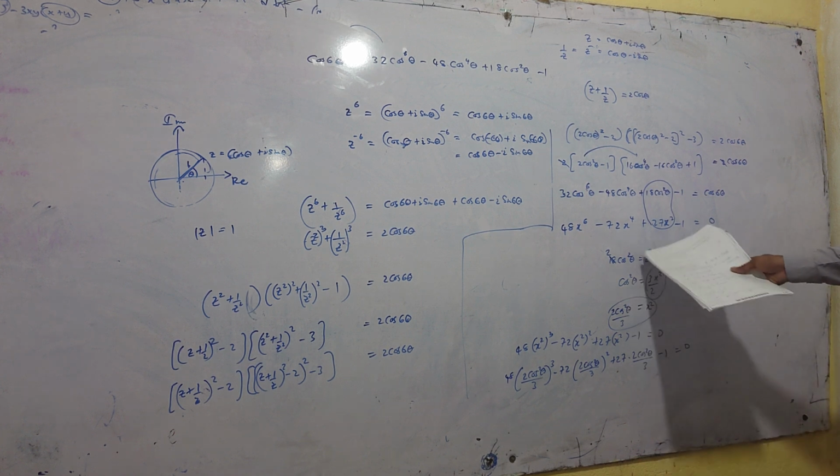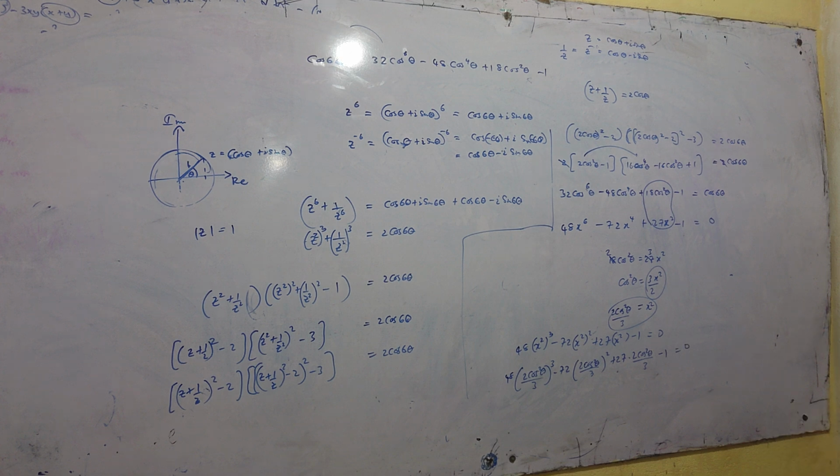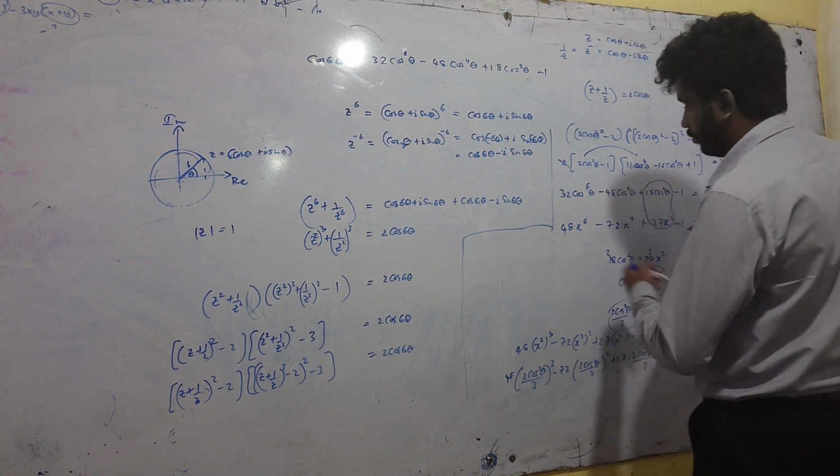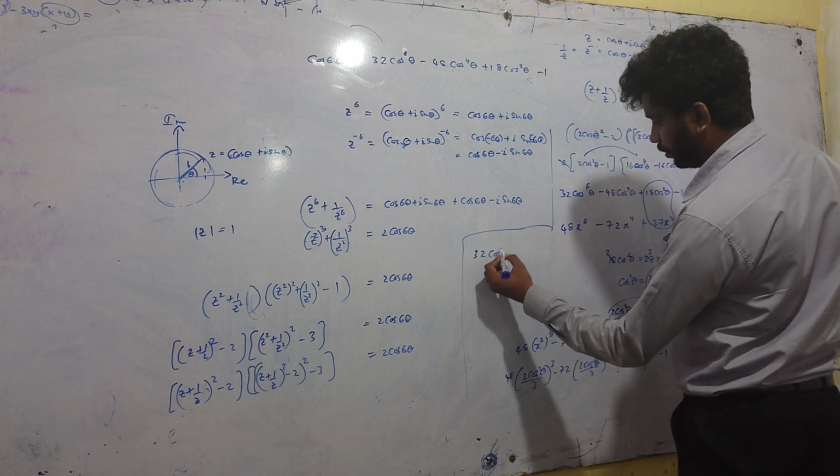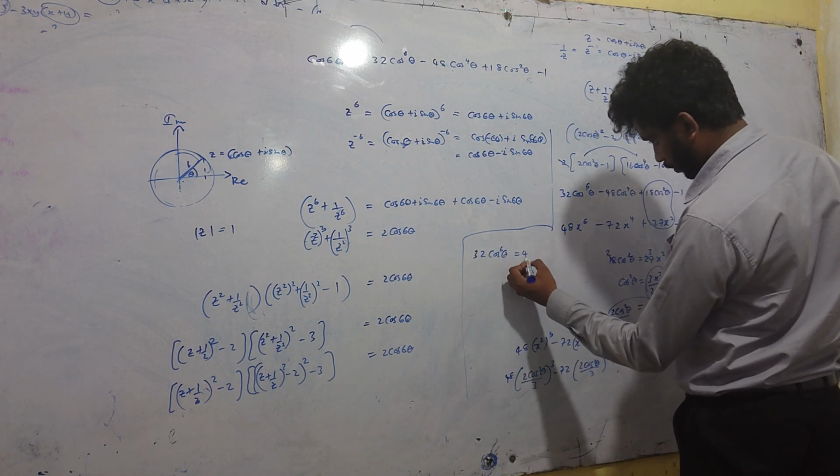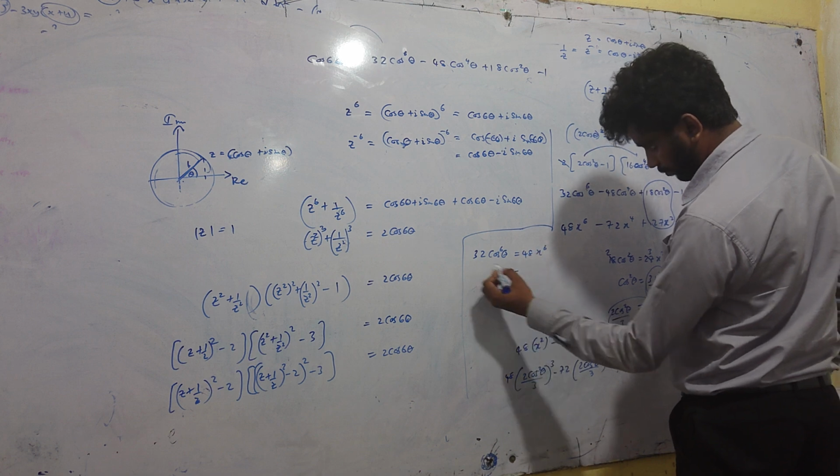Instead of x squared, what's the other transformation called? To the power 2. Not that, 2 over 3 cos theta is equal to x.